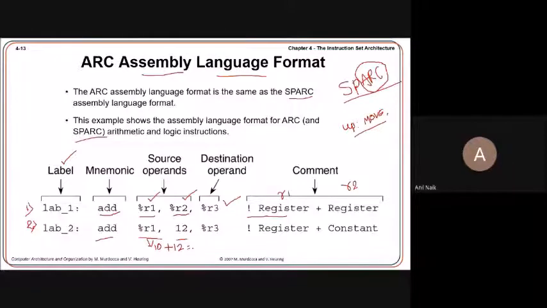So 22 is stored in the R3 register. So it is register plus constant value, that is the 22 value. This is the simple representation of instructions.